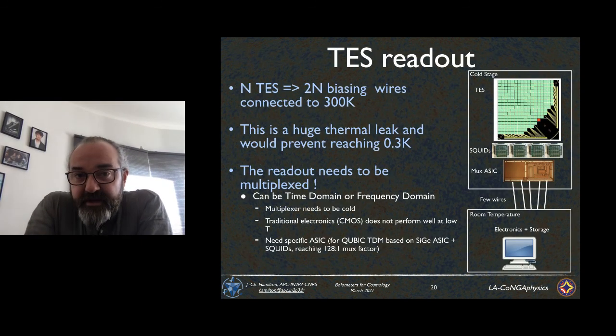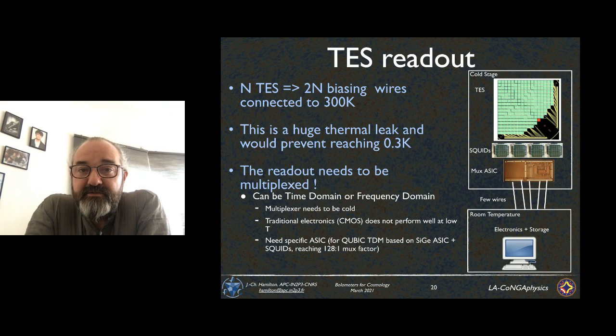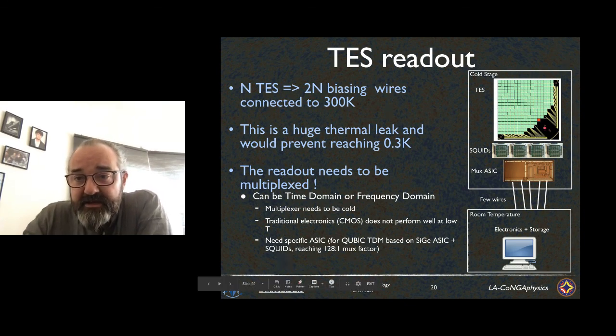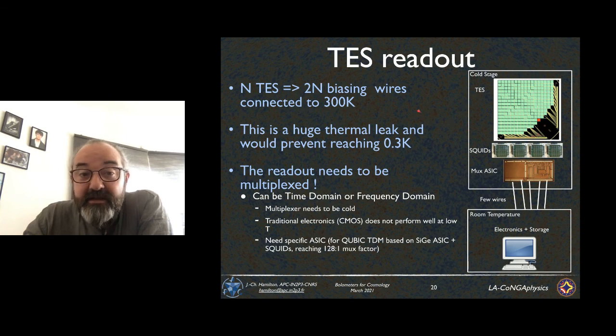So that's why we have this constraint and many constraints coming from this cryogenics. One of the first constraints here is the readout of the transition edge sensors. So if you have TESs that you can see here, well, you have this many electric lines that are the voltage biasing lines that are connected to the 300K. And that's a huge thermal link and with so many cables, even very small cables, you will never be able to reach 0.3 Kelvin for your focal plane.